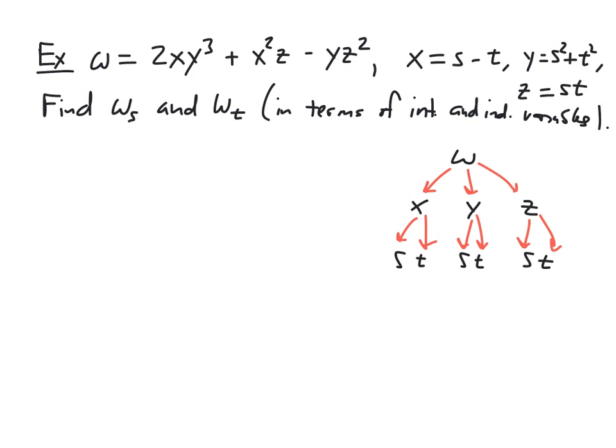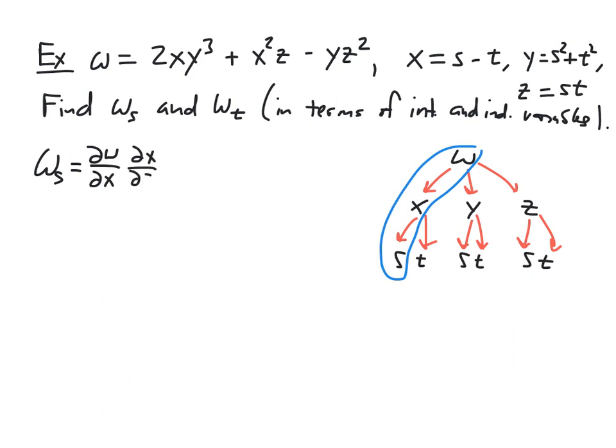And so when we write down the chain rule, for example, when we want to find w sub s, the partial of w with respect to s, we're going to look at all the different ways we can go from w at the top to s at the bottom. On the left side here, we can do this. So we're going to take the partial of w with respect to x multiplied by the partial of x with respect to s.